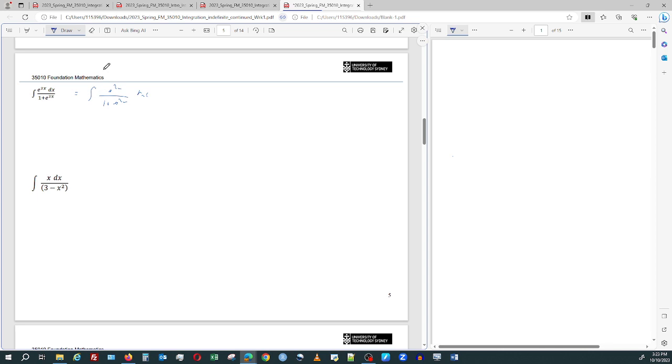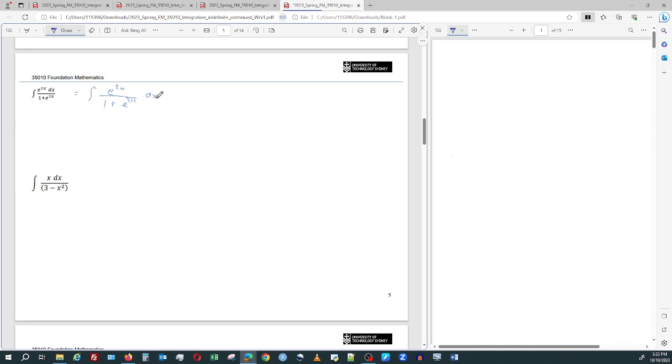Okay, so what is it about this? e to the x over 1, and then the x goes out the back.